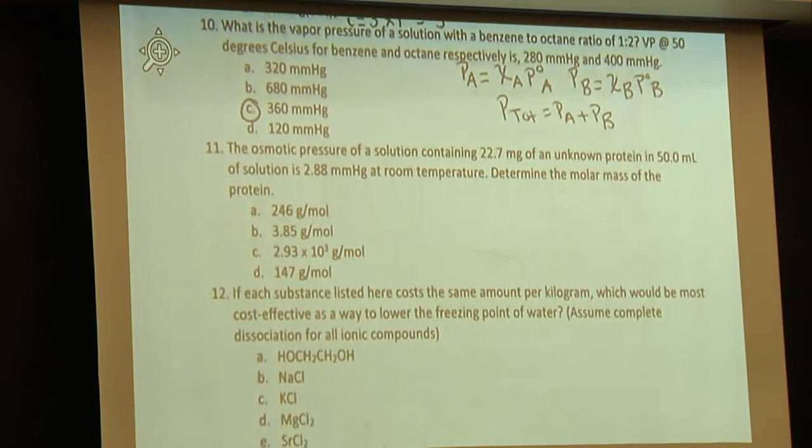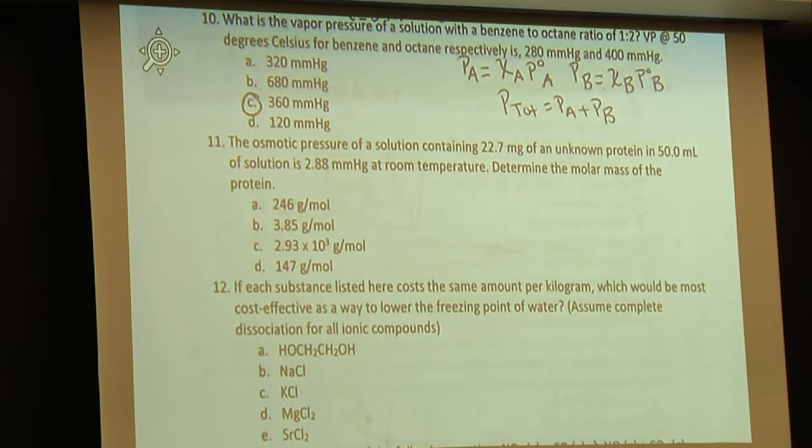Okay, number 11. The osmotic pressure of a solution containing 22.7 milligrams of an unknown protein in 50 milliliters of solution is 2.88 millimeters mercury at room temperature. They want you to determine the molar mass of the protein.